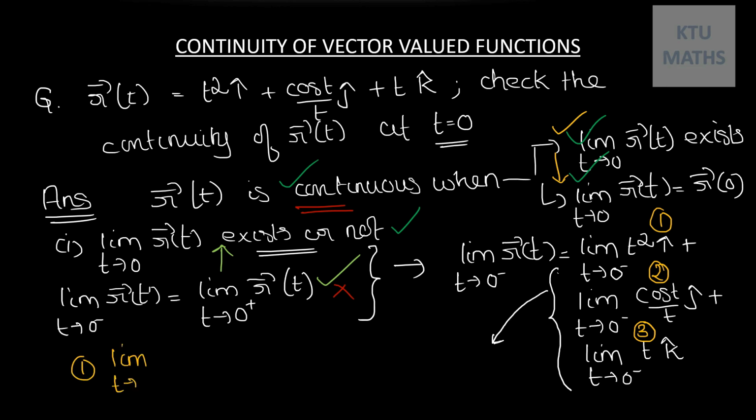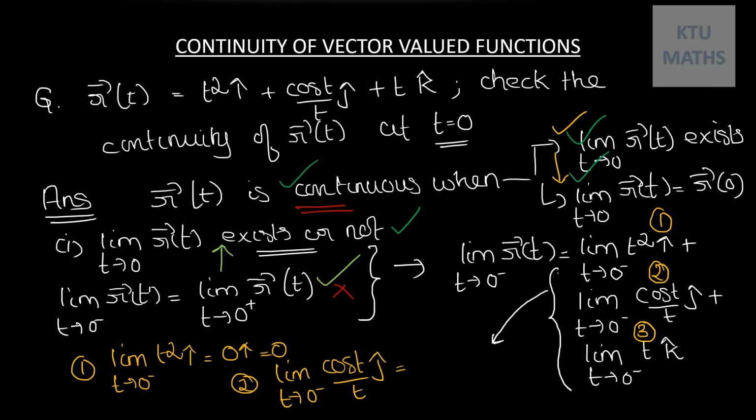Left limit t tends to 0, t square i equals 0 i, that means 0. Now, left limit t tends to 0, cos t by t j will be equal to minus infinity j.